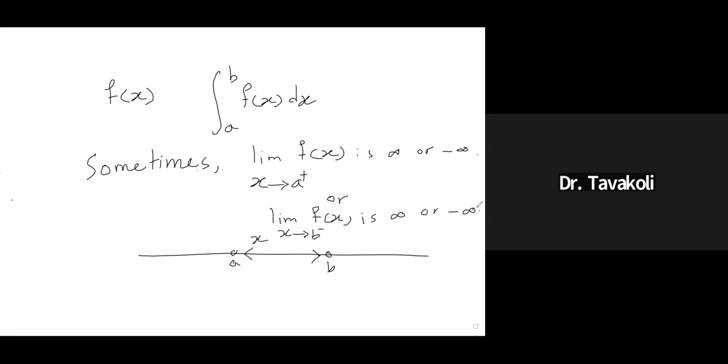Okay, now let's see what we should do in such a situation. So suppose the limit of f of x when x approaches a from the right side is plus infinity or minus infinity.